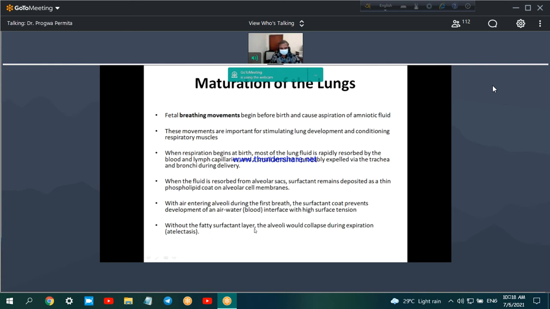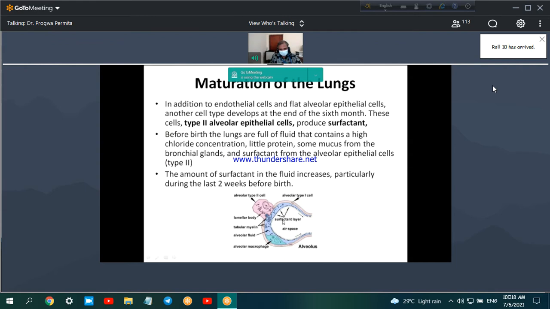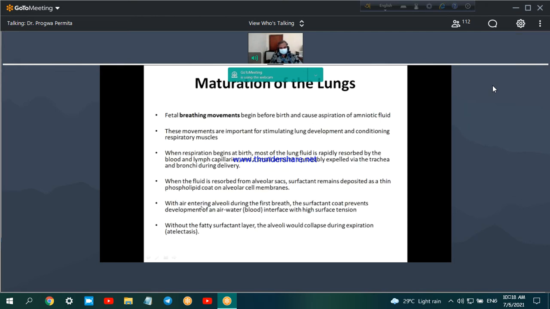Without the fatty surfactant layer, the alveoli would collapse during expiration, which is known as atelectasis. If surfactant is not present, the lungs will collapse. Surfactant is very necessary for normal functioning of the alveolus.